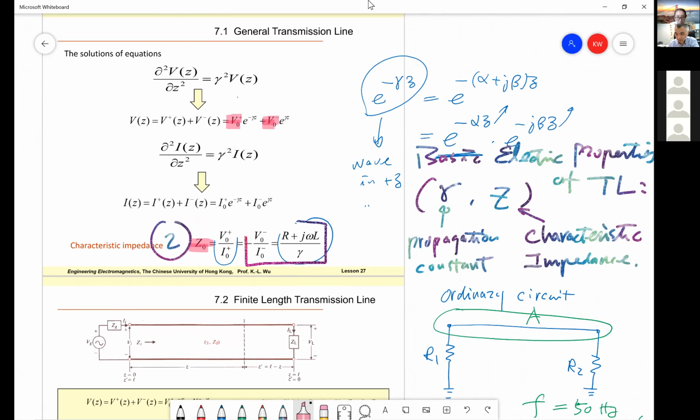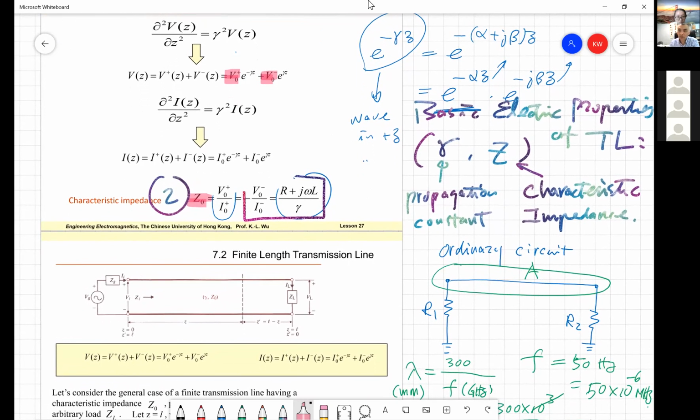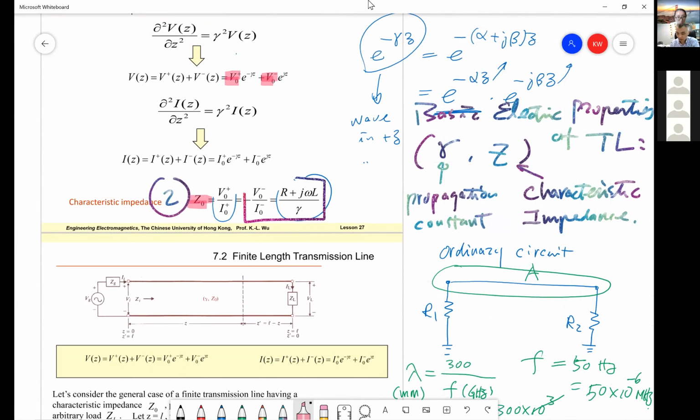Let's talk about the voltage. If we know the voltage, we know the current. Why is this? Because the voltage is a magnitude for traveling wave, then if we divide by the magnitude of current also traveling in the same direction, this equals the characteristic impedance, right? So that's why we only need to pay attention to one constant. We don't need to worry about two right now, right?